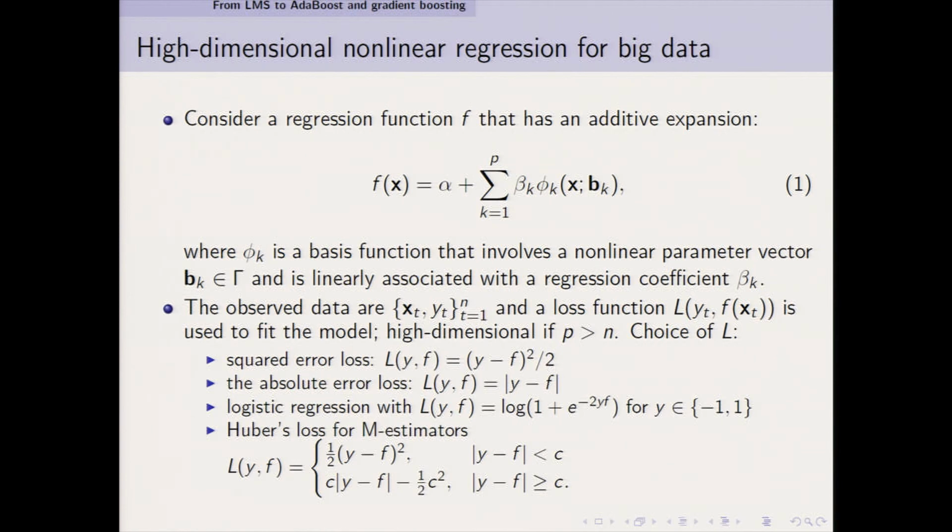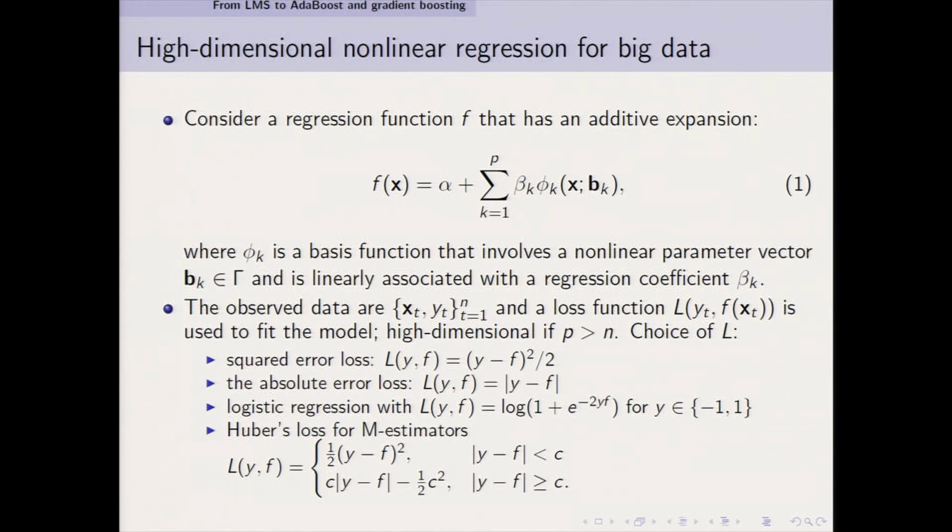When you're talking about trees or neural networks, there is this nonlinear term. So you have this basis expansion, with a nonlinear basis b, and then the summation of beta_k times the basis, and that involves a nonlinear parameter vector. And it is linearly associated with the regression coefficients because it's just an expansion of this type.